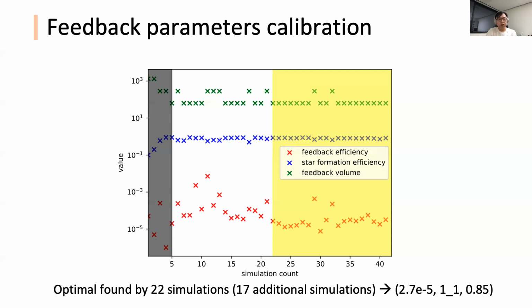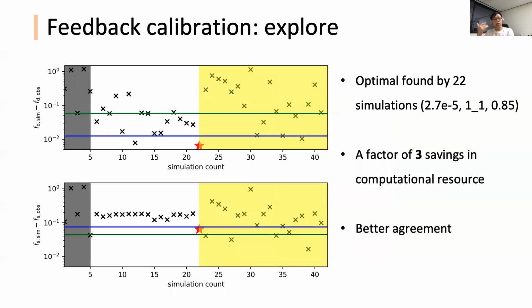How we define the optimal is using the difference between the FD of the simulated and the observed galaxy. On the top panel, that is what it is. And on the bottom panel, it is the difference of the simulated and the observed galaxy, the FS of the galaxy itself.